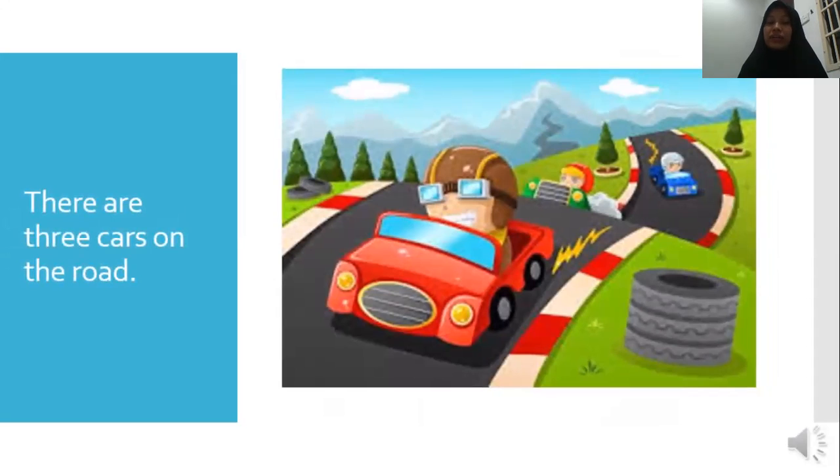There are three cars on the road. Notice that now you have three cars. So, generally you have plural noun. Use there are, like what I said before. So, there are three cars on the road.